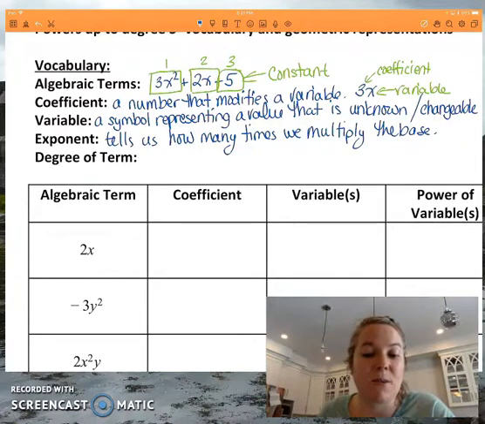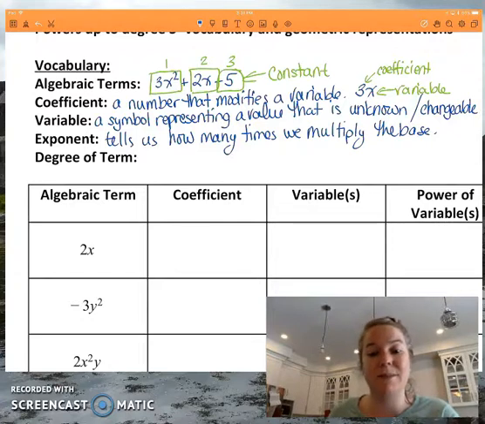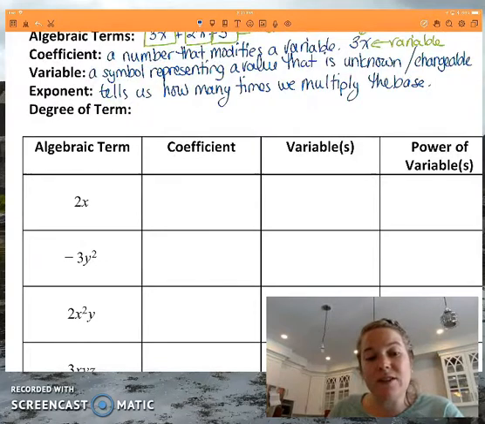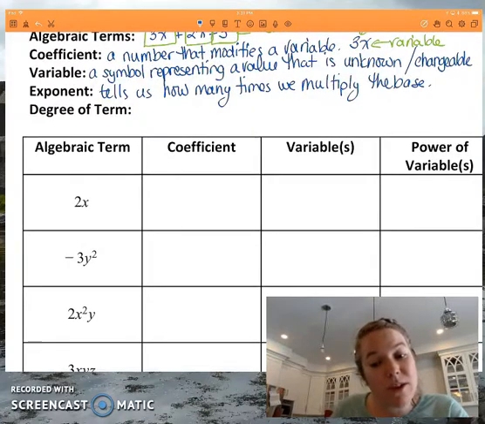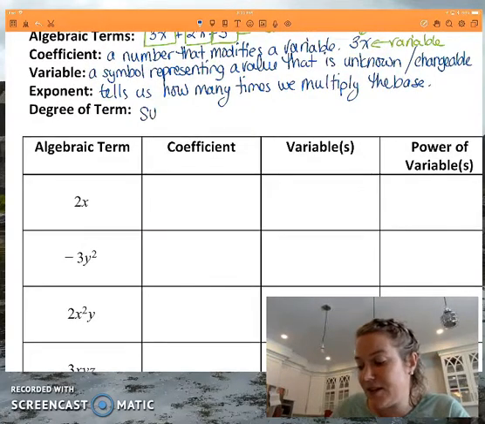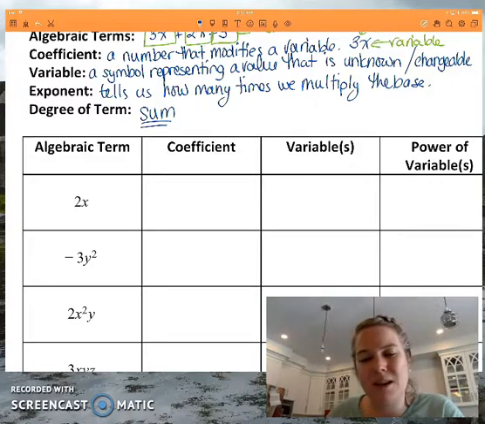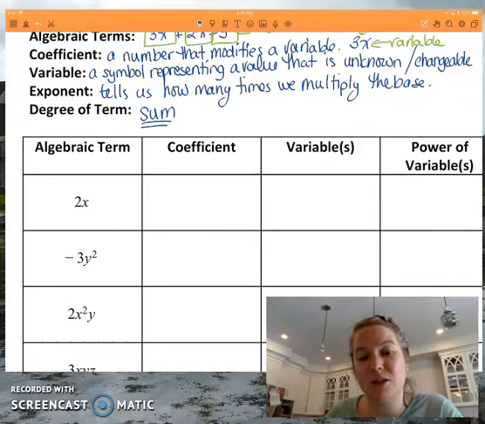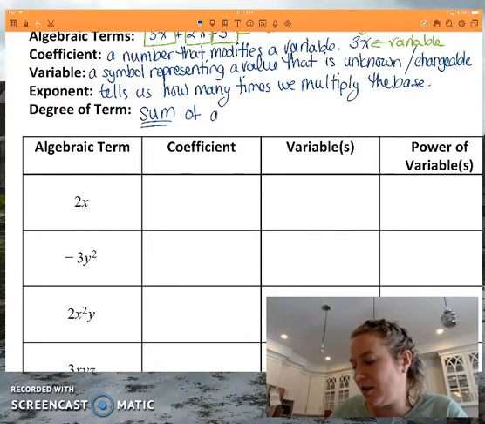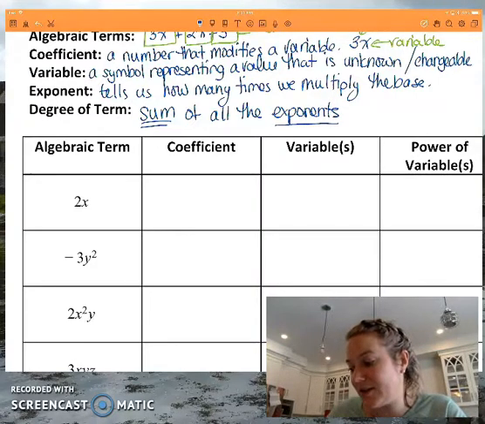So x to the exponent 2 tells us it's x times x, okay? And the degree of a term, this is really important. The degree of a term is the sum. Now, what does sum mean? Sum is an addition word, so we're adding. So it's the sum of all the exponents in a term.